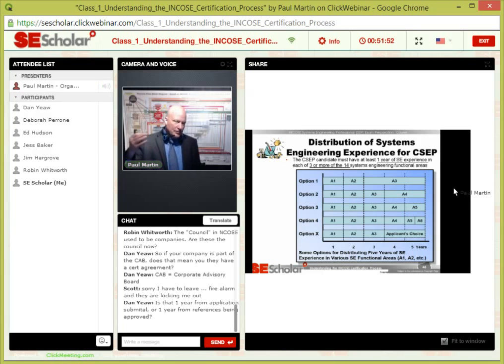If you think of A as areas, Option 1 is I've only been in 3 of these system engineering areas. One of them I was 3 years in, and I was in 1 year for each of the others. The other option is I was 3 years in on 3 things. On the 4th one, I was 2 years. And then you can imagine there are many ways to mix and match this, right? So you could have 3 years in any type of combination. The important part is that you have 12 months or more in 3 of these areas.